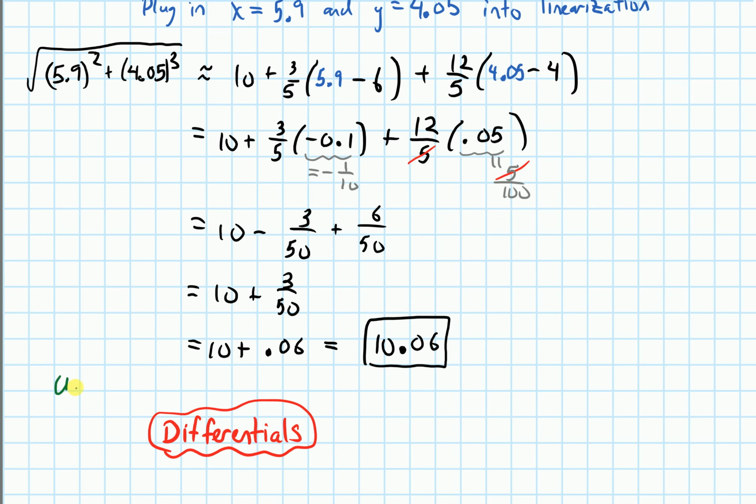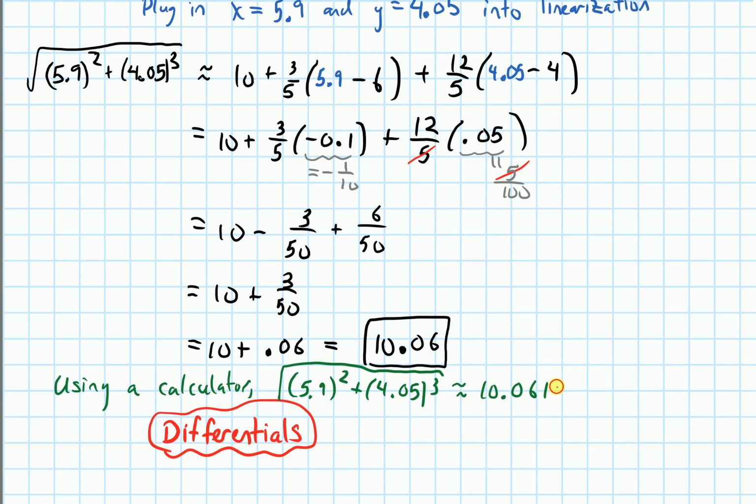Using a calculator, 5.9 squared plus 4.05 cubed, if we square root that whole thing, this is approximately equal to 10.06181519. That's going to 8 decimal places. But that's pretty close to what we got. We got 10.06, which is very close.